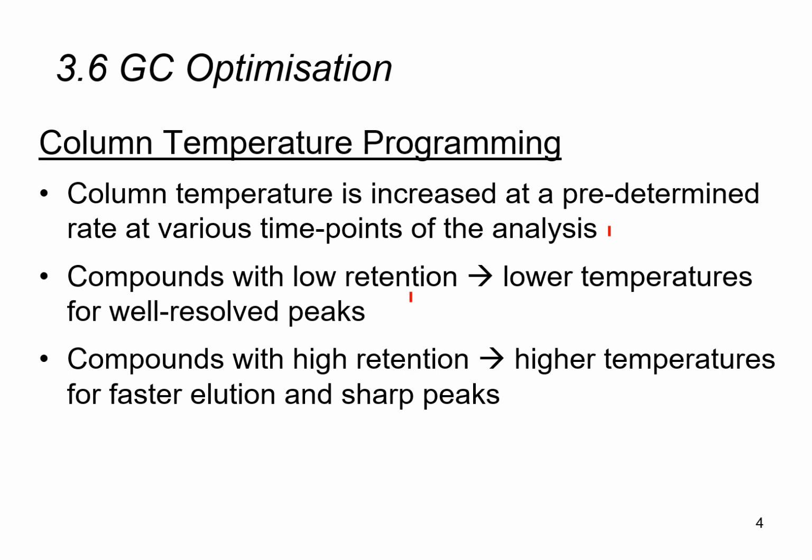Then at a later point in time during the analysis, we can quickly raise the temperature of the column so that compounds that are high retention by nature can be essentially chased out of the column, so they elute a lot quicker, and we can also obtain sharp and well-resolved peaks for these compounds.